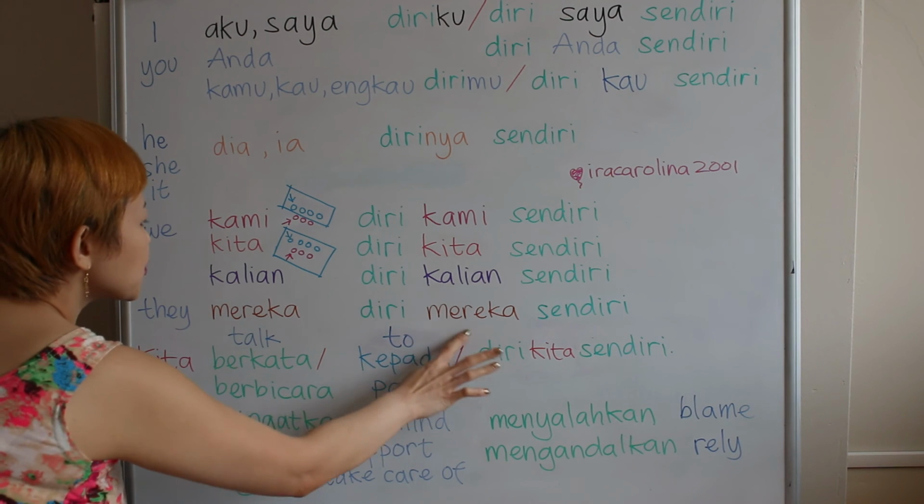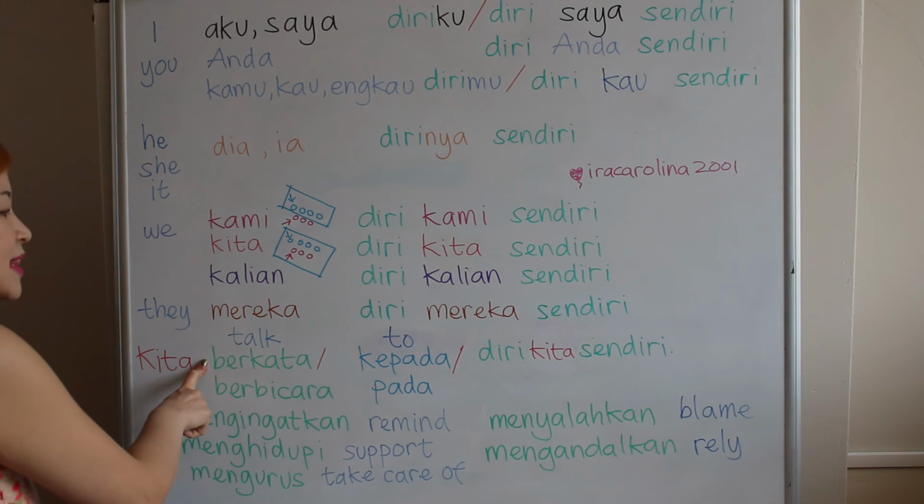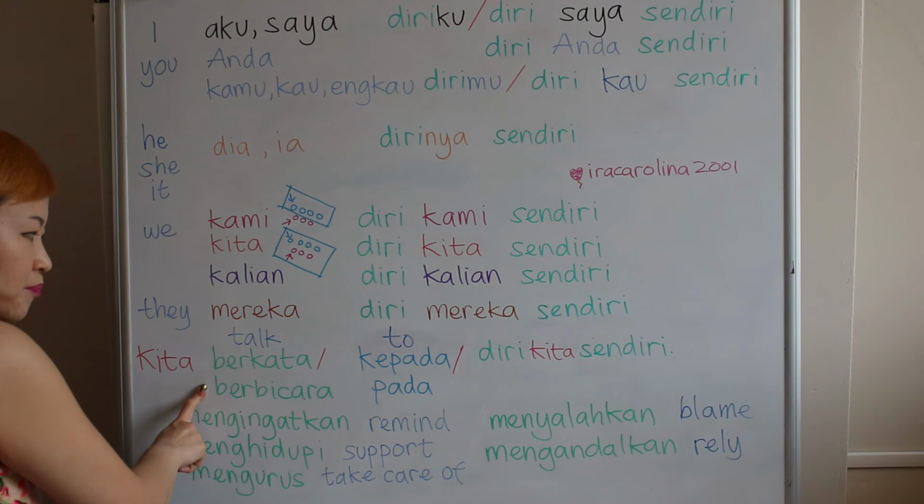Now we will try to put in the sentence. Before we will learn about the verb that we use, the self, myself, yourself, themselves, ourselves. The verbs are berkata or talk, berbicara, also talk. So when you say talk, it's berkata or berbicara.